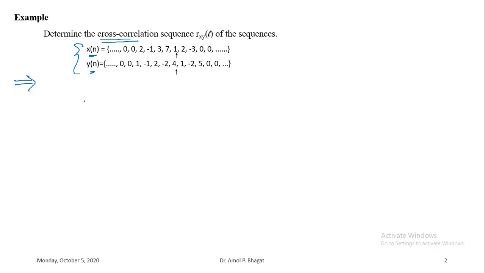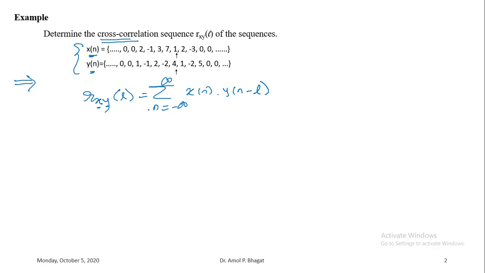As discussed in the previous session, the cross correlation of two signals x and y is given as rxy of l is equal to summation n equals minus infinity to infinity x of n into y of n minus l. That is the formula for cross correlation. We are correlating discrete time signals x and y here.